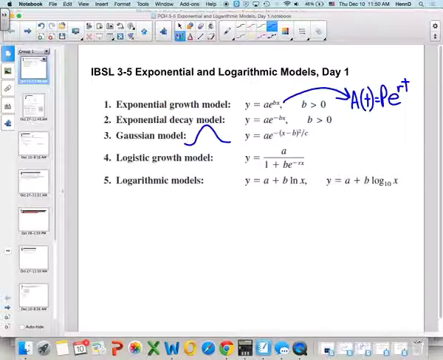Okay. Today, though, what I want you guys to be able to do is tie something we did at the beginning of the year to what we're doing now, so that you can come up with these exponential growth and decay models on your own. Okay? Just as an example of how these models can be used.